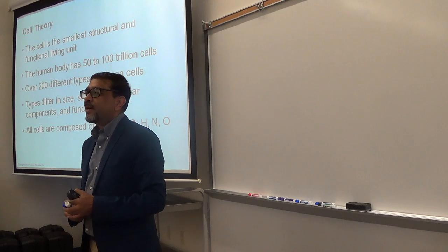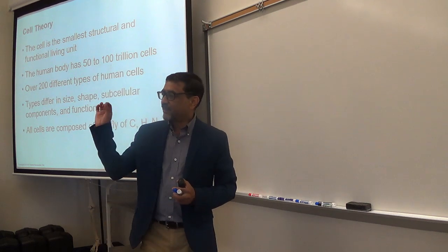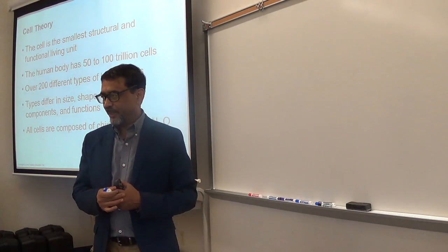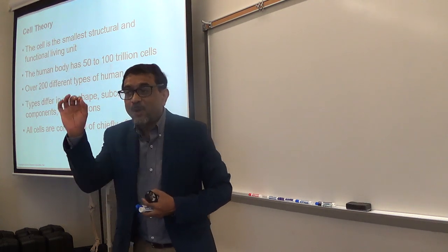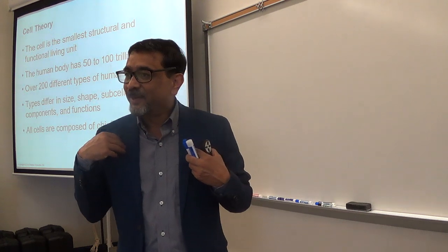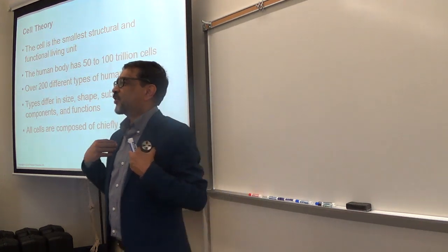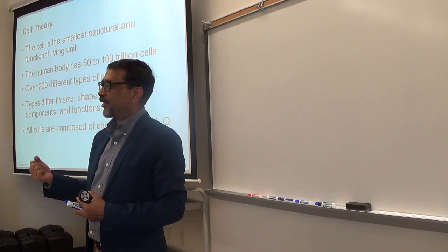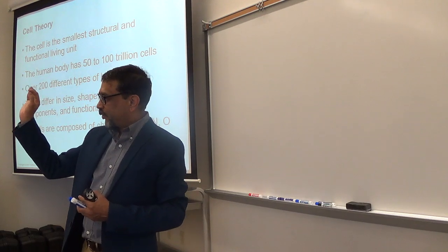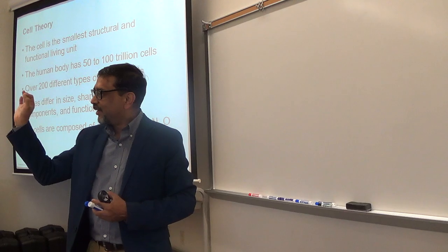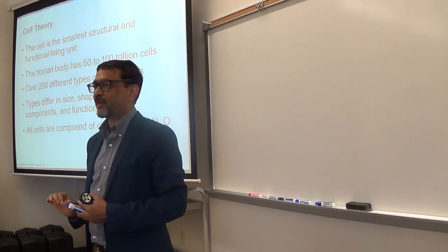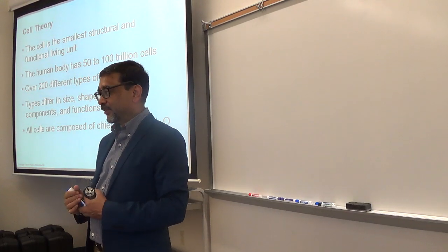Now, why do we say that cell is the structural and functional unit? It is the smallest part of the body that can survive individually. A single cell can survive. Do you know that? Can you give me an example that a single cell can function and survive? What do you think?